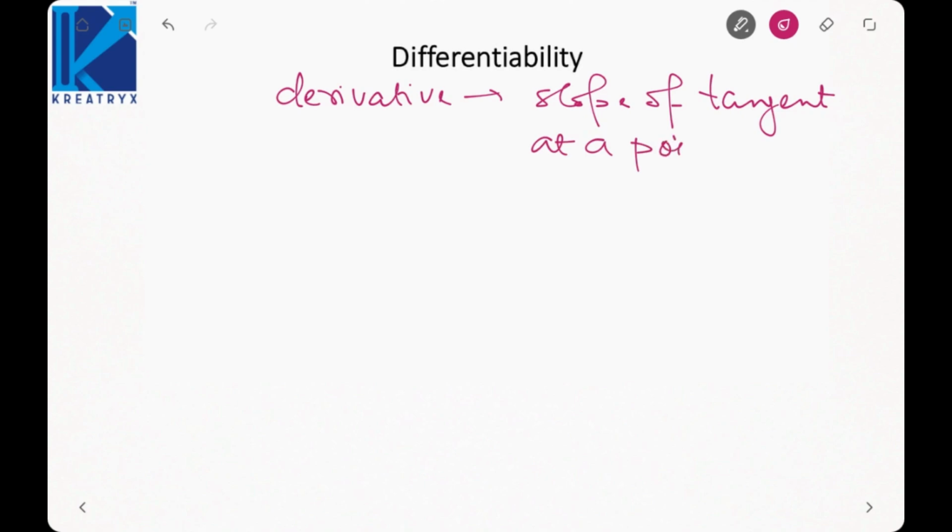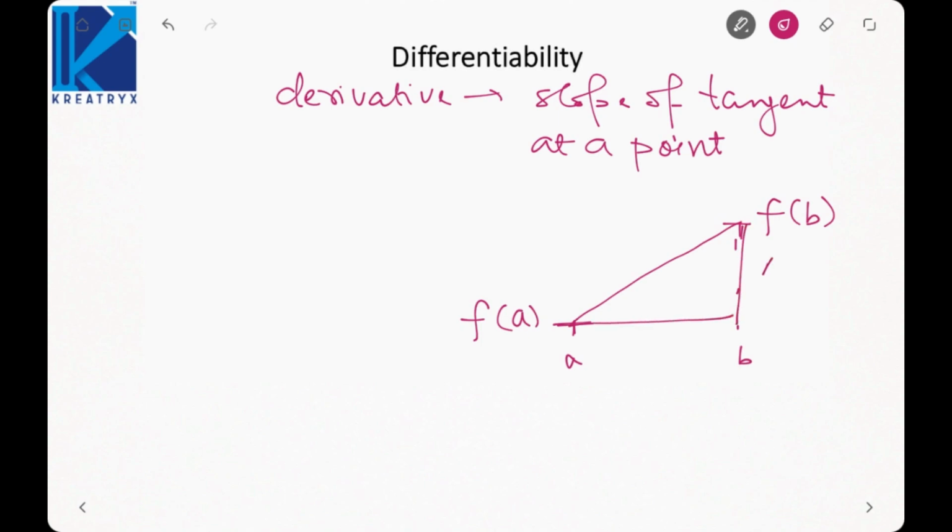How is that? If I give you a line, suppose this is the point A, this is the point B, and this value is f(A) and this value is f(B). Then how do you determine the slope? We determine the slope like this, delta y by delta x.